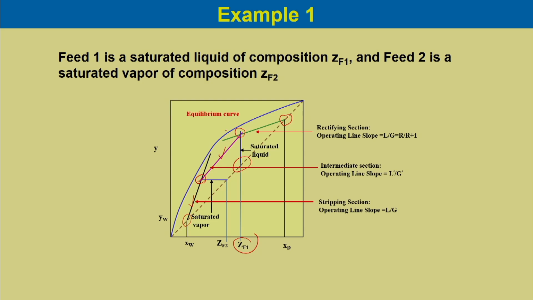So, this is the operating line plotted between the two feed trays, or the intermediate section operating line, with slope L dash by G dash shown over here. The rectifying section slope is R by R plus 1, and the stripping section operating line slope is L bar by G bar.